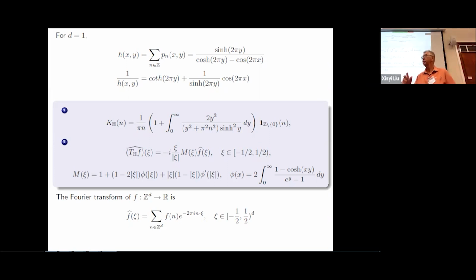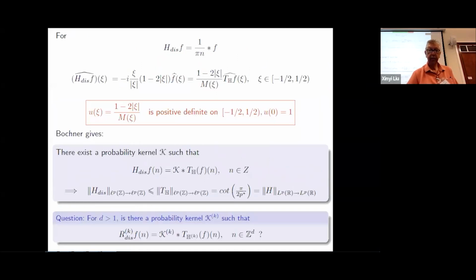And he began to notice that there's some connection between these operators and the discrete Hilbert transform without this factor. And the connection is that you can actually write this operator as a convolution with a probability kernel.